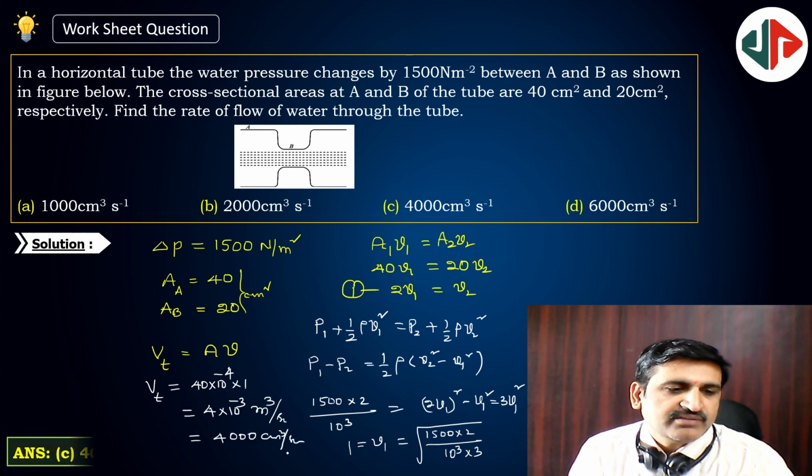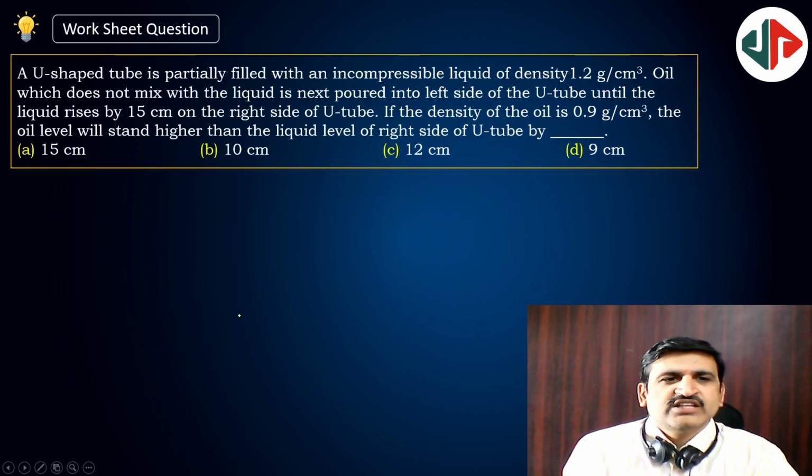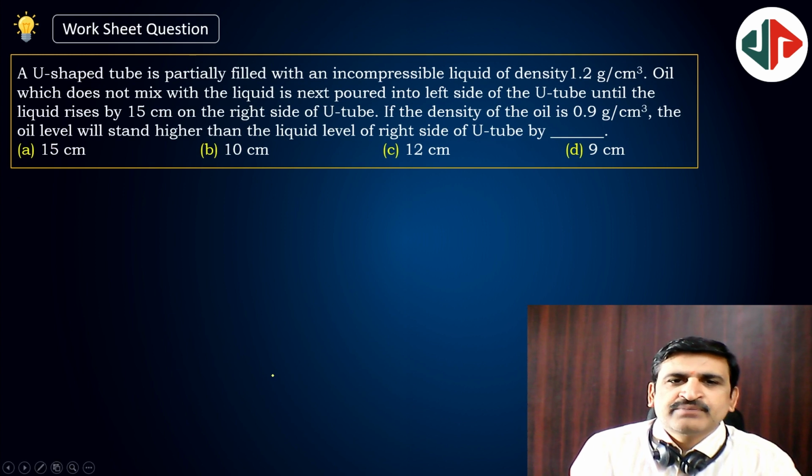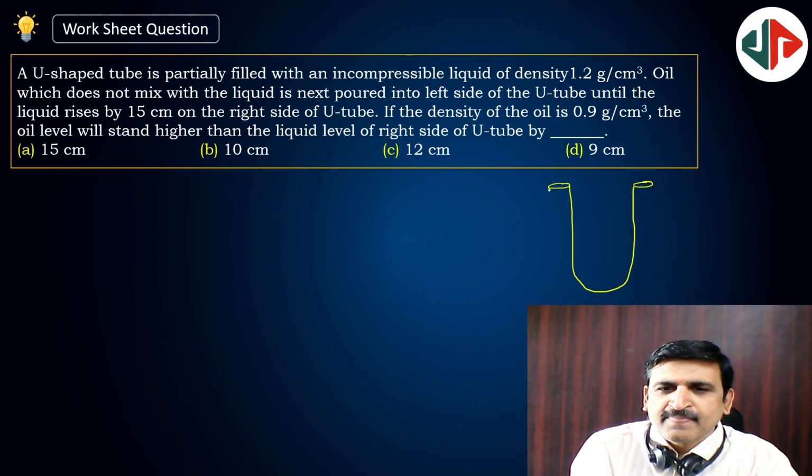So answer will be that. A U-tube is partially filled with an incompressible liquid of density 1.2 gram per centimeter cube. Let us draw a U-tube.